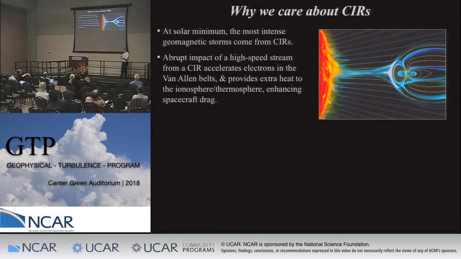At solar minimum, when those other effects are minimized, the corotating streams and the shocks and the near shocks at the orbit of the Earth that pass by the Earth's magnetosphere can actually cause the dominant effects of space weather at the minimum of the solar cycle. And there are all sorts of practical consequences from the Van Allen belts to spacecraft drag in the lower ionosphere and thermosphere that can occur too.